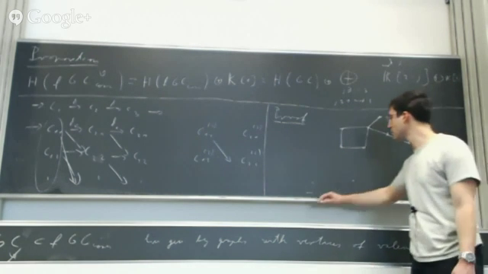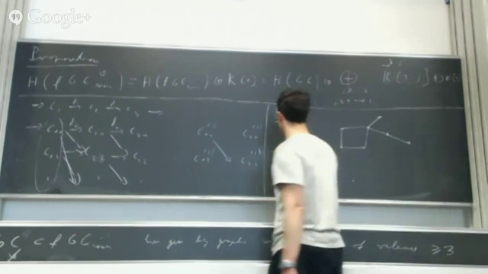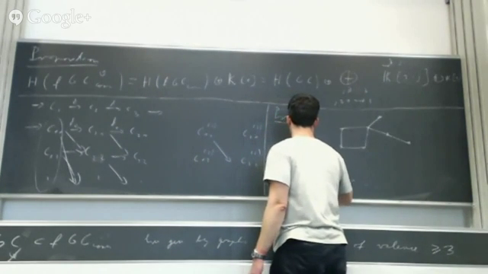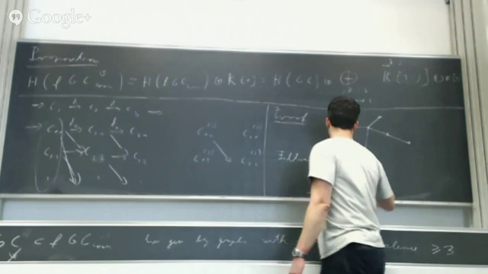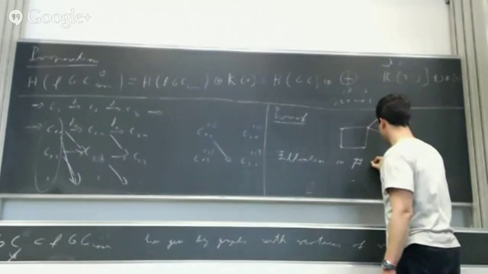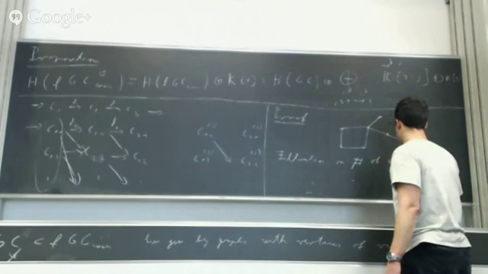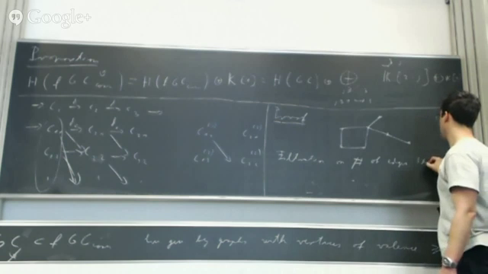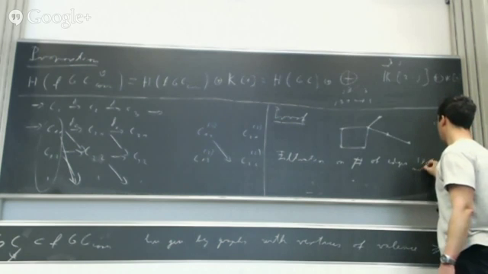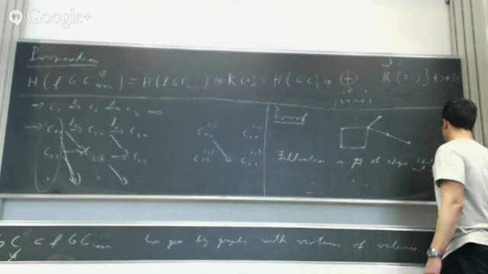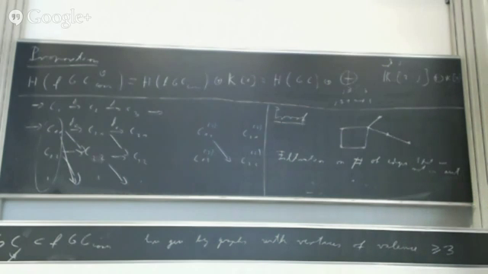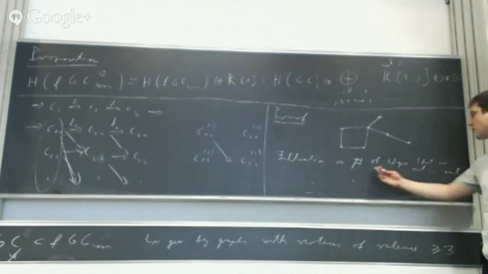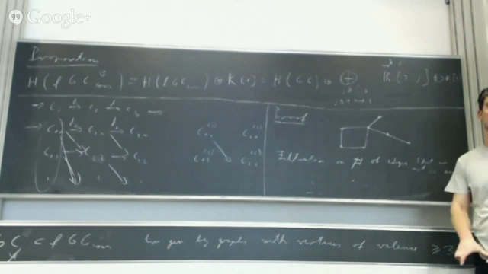So for example, I make a filtration on the number of edges that are not in the antennas. Therefore, in the spectral sequence, the first differential will keep the number of edges that are not antennas the same.